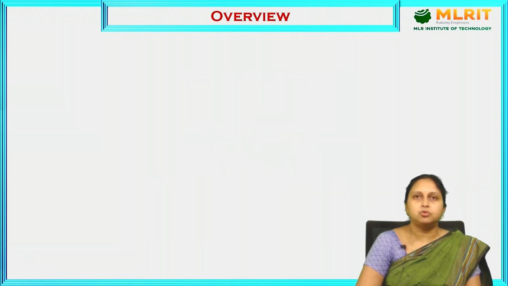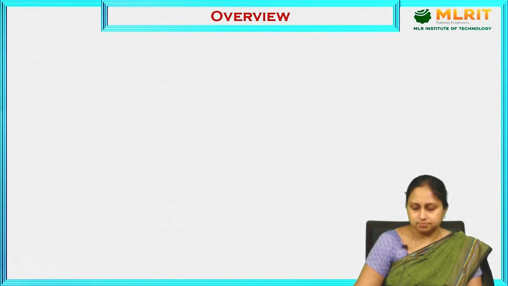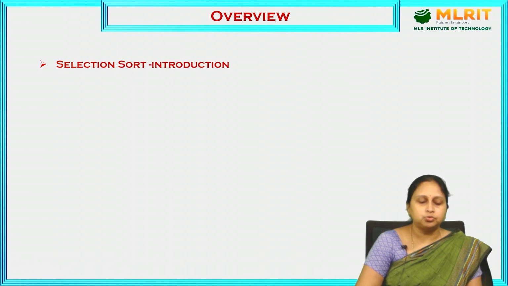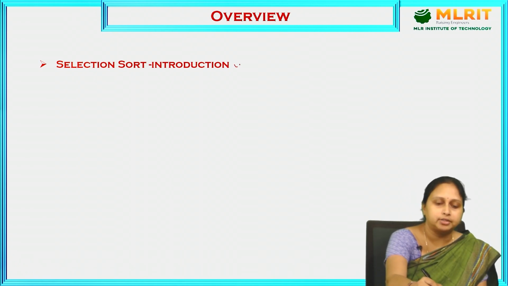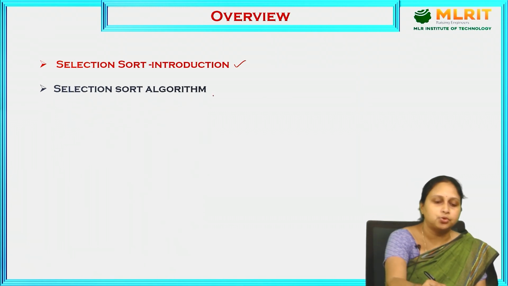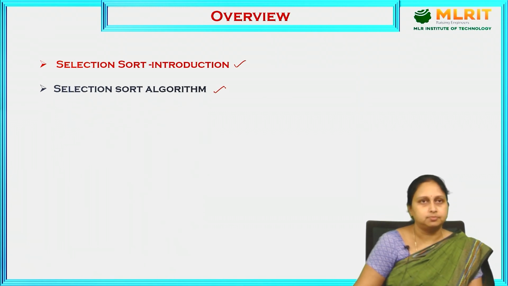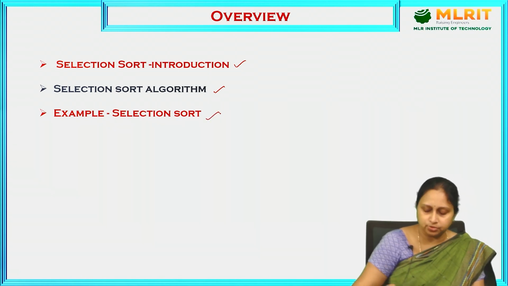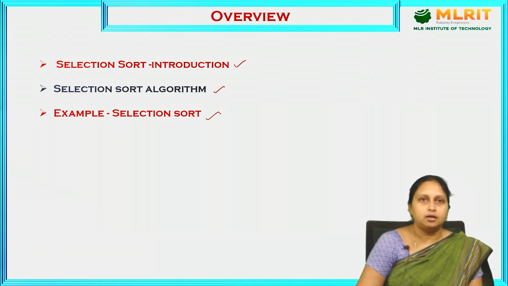Let us see the overview of today's session. We will be looking into the selection sort introduction, selection sort algorithm, an example of selection sort, and the implementation of selection sort.